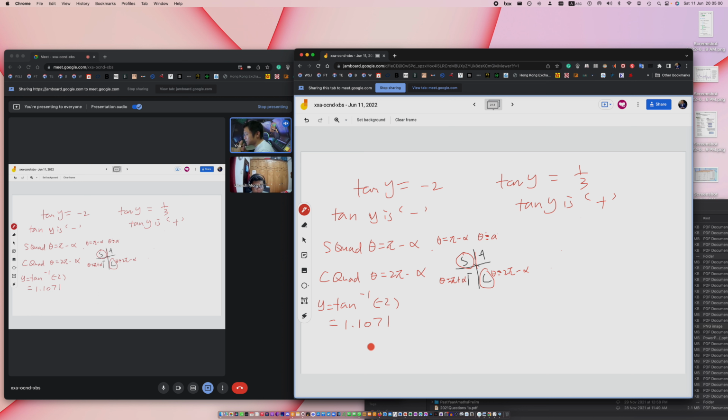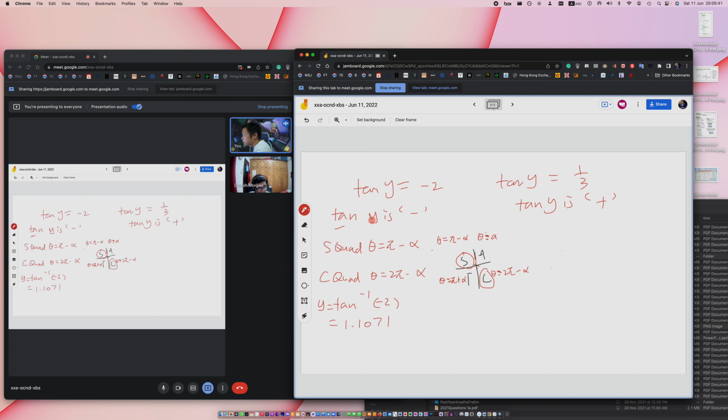The concepts first. Can I ask which quadrant this 1.1071 falls under, the S quadrant or the C quadrant? Because it's negative. This is a common mistake students make.